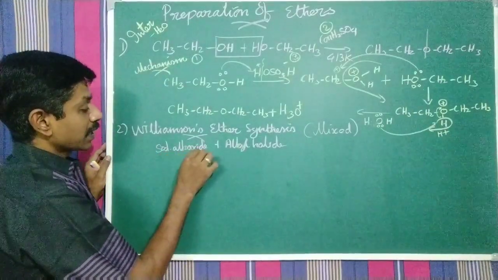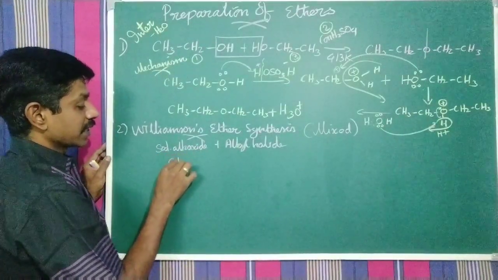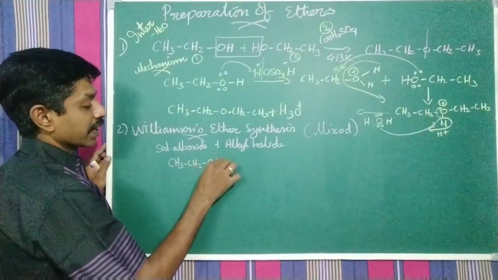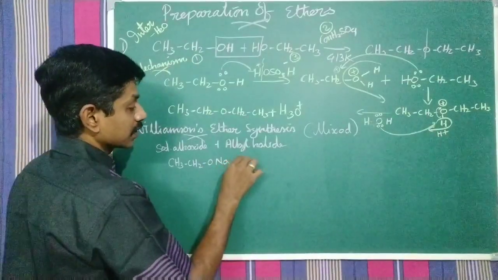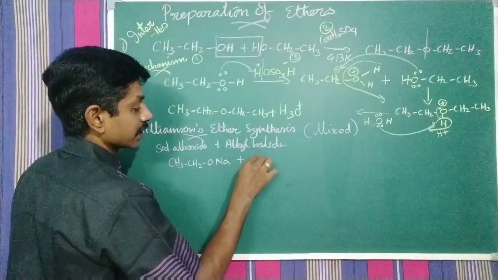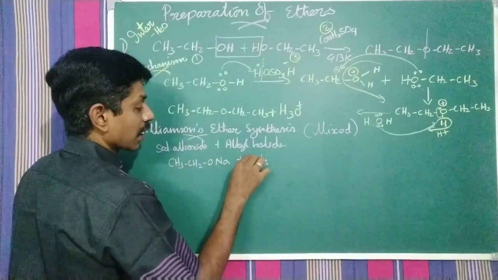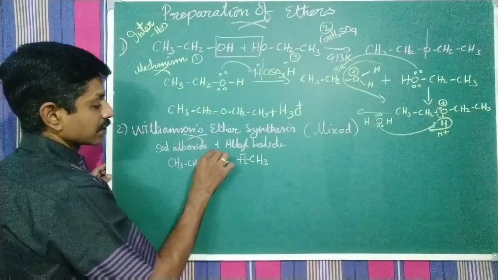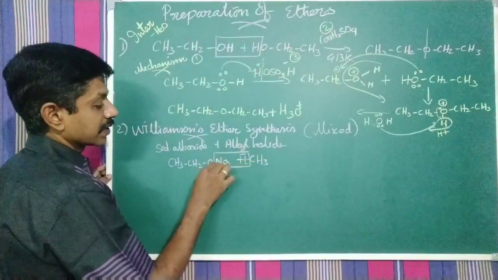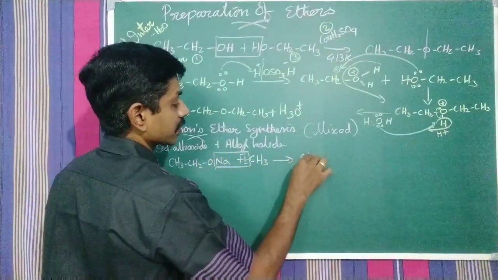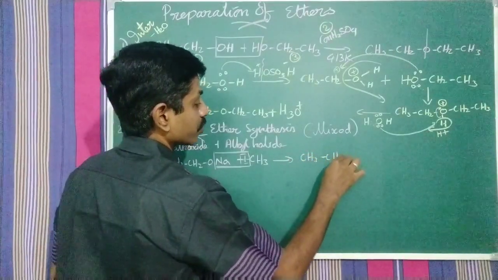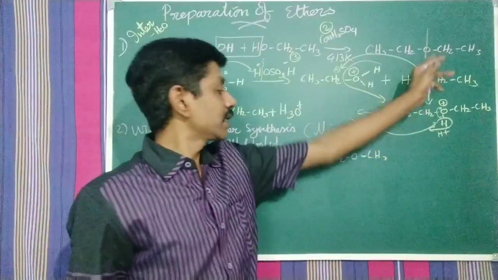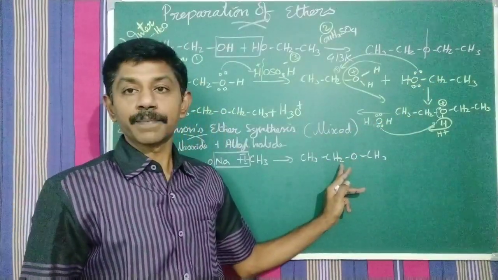For sodium alkoxide, I am going to take an example, CH3CH2ONa, and that is going to react with methyl iodide. This way I am taking it for the purpose of removal. As usual, NaI is removed and the resulting product is CH3CH2OCH3. See here, from simple reactants we have formed a mixed ether.